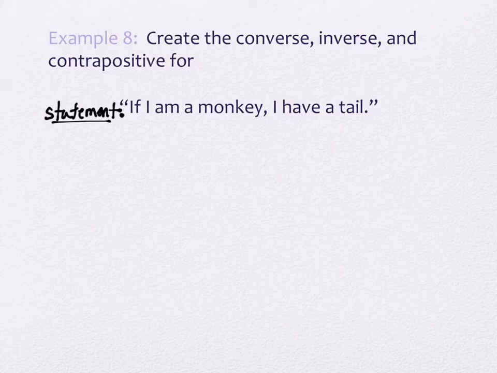Probably. So the first one that we are going to look at is the converse. So what does the converse say that I'm going to do? Switch the order, right? The "if" stays at the beginning. Don't go moving your "if" around. It's just going to confuse things, okay? "If" at the beginning stays put. And we're going to switch the order around.